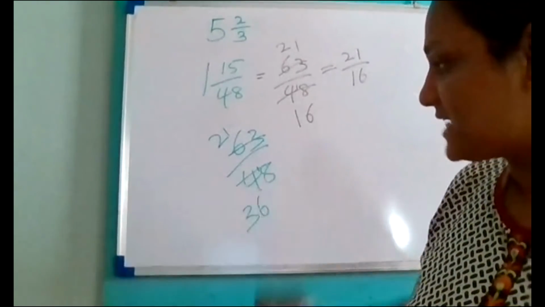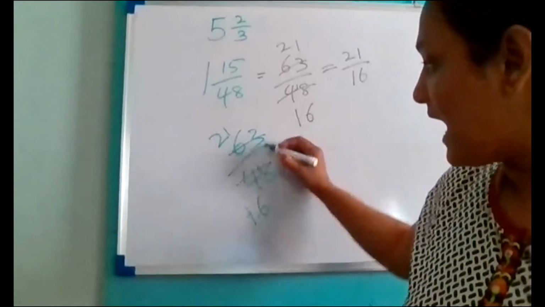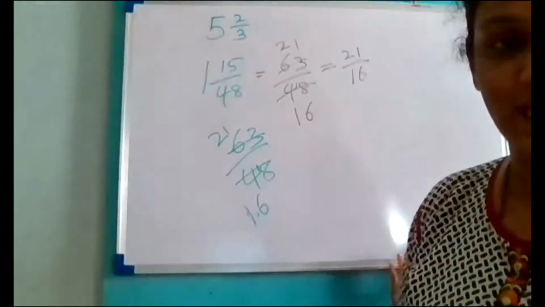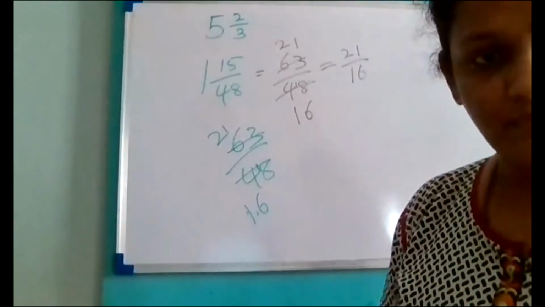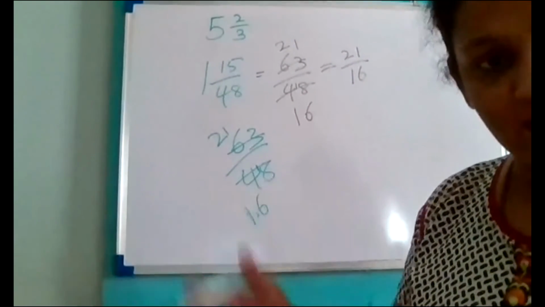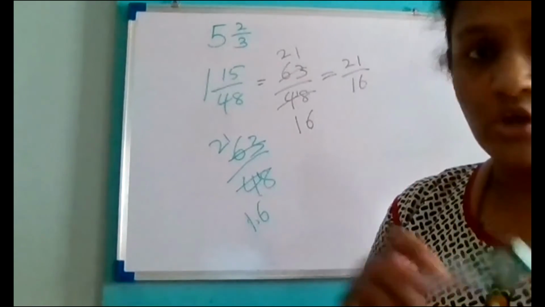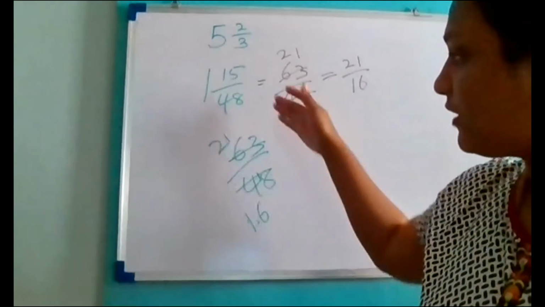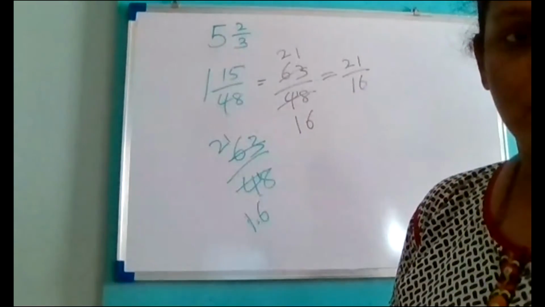And 3 sixes are 18. Now, can I further divide it by the same number? 21 by 16, can it be divided? No. Therefore, the simplest form of 63 by 48 is 21 by 16.